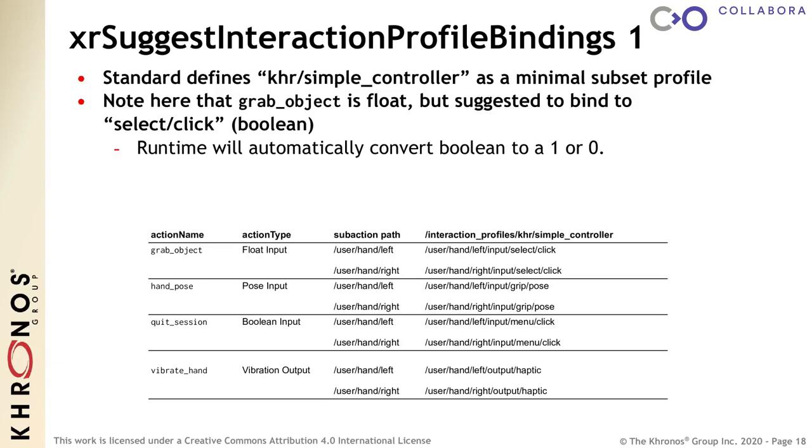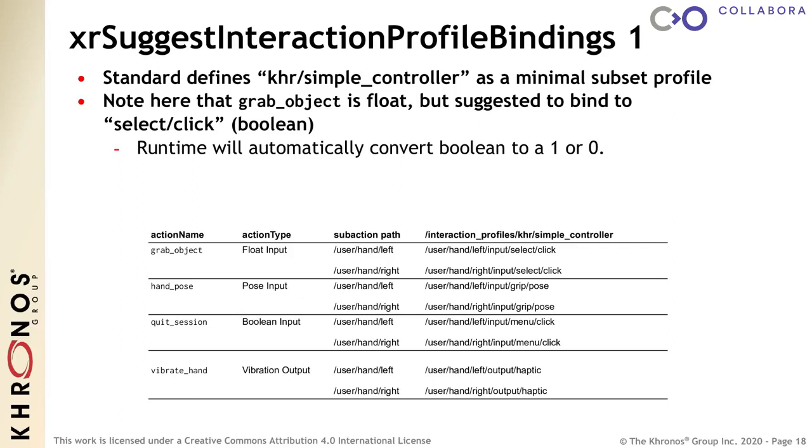There are a few things to notice here. Overall, as you'll see as a pattern, the suggested binding path for the interaction profile, if it's under user hand left, then it goes to the sub-action path of user hand left, and similarly for user hand right. One point about the simple controller is that its select input is Boolean.